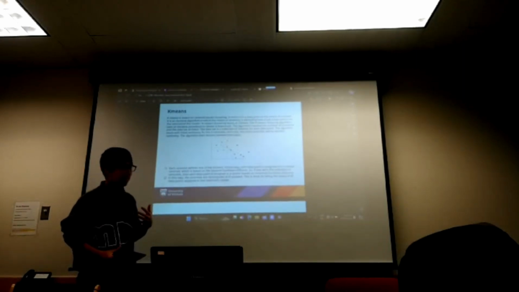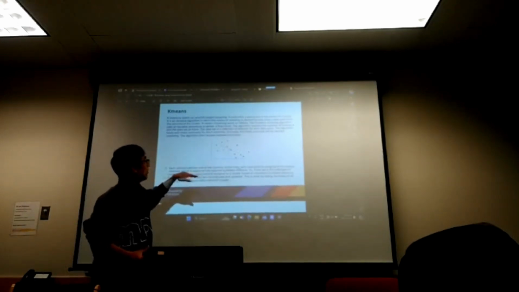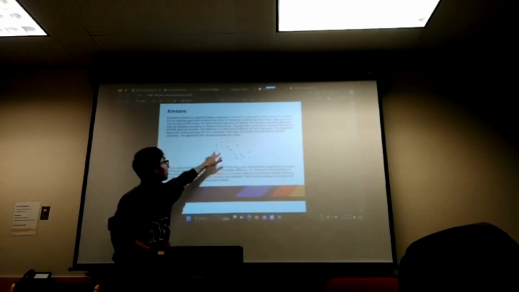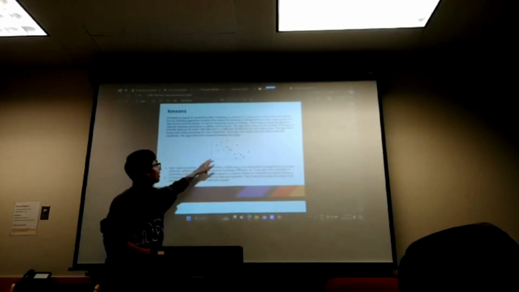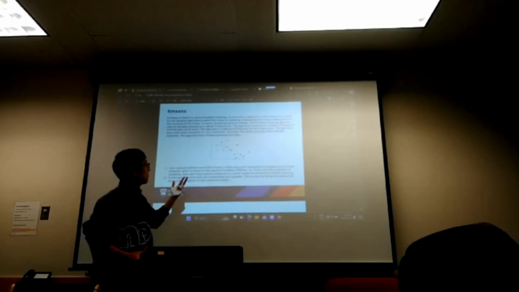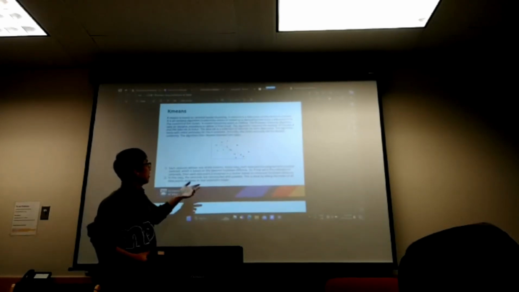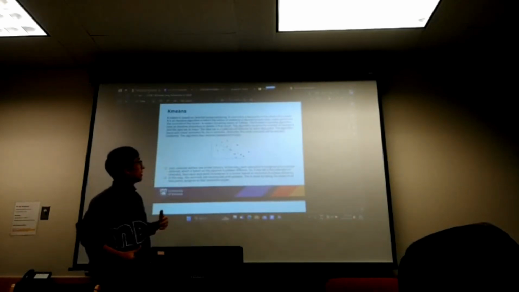The next step is, we have found two clusters. Then we will calculate the cluster mean. And most of the time, the cluster mean, the true centroid, isn't the same as the centroid we set randomly.